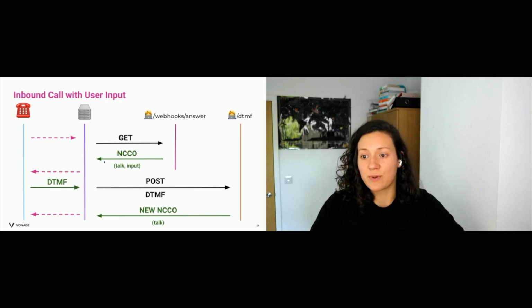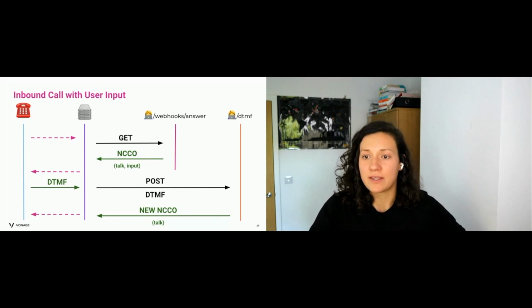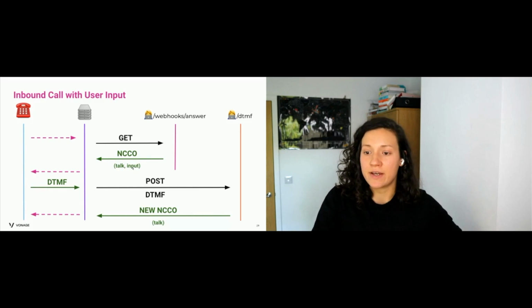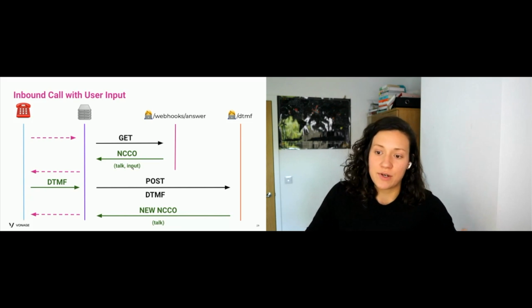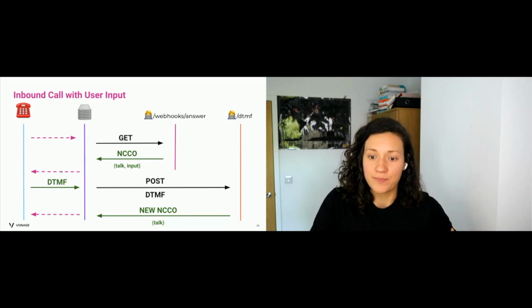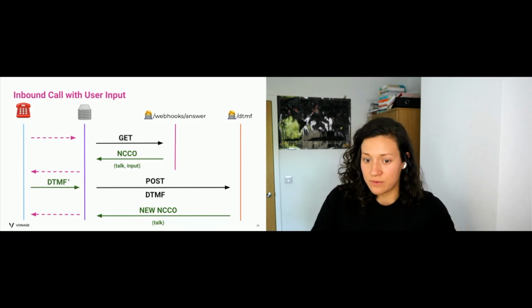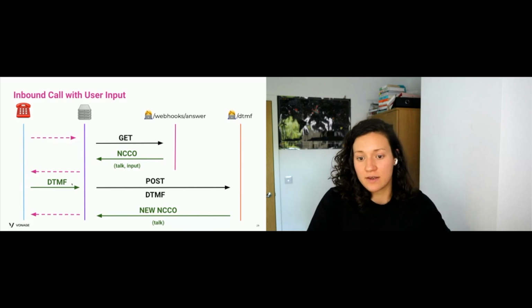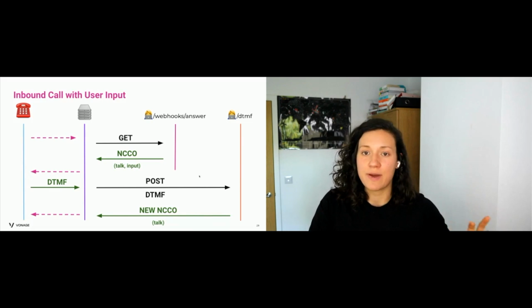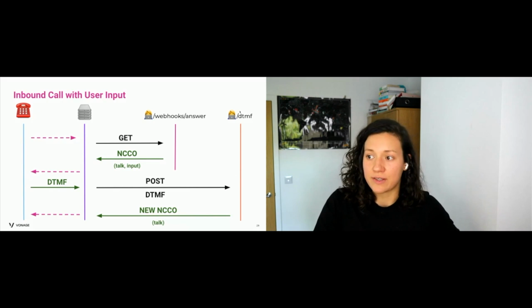We will respond with an NCCO containing a talk action as we've been using, prompting the user to press a digit, and then an input action, which is an instruction for collecting user input. In this case, DTMF, it could also be speech. So once Vonage has collected the DTMF input, it passes it on to an event webhook that we have previously provided at /dtmf by making a POST request.